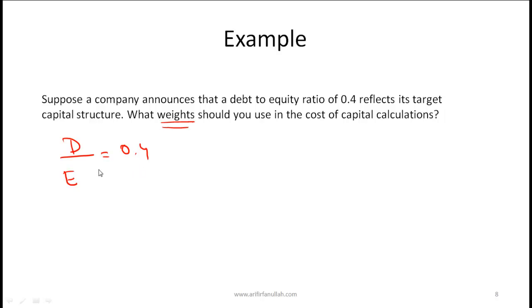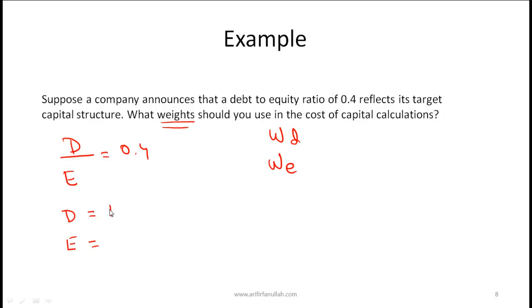So we need to figure out, in this example, what WD is and what WE is. The way you can think of this is to come up with some imaginary numbers.